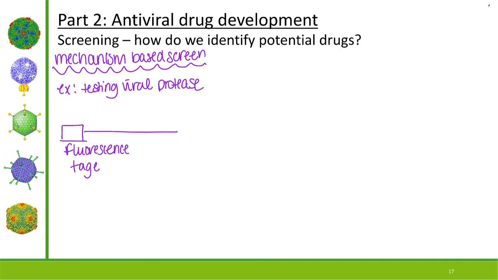So we're going to have some sort of a fluorescence tag, and this fluorescence tag is going to have a cleavage site that is attached to it. So this is going to be a short little peptide. So we've got a little protein, and that protein is going to have the cleavage site that the protease targets. And this is usually attached to a bead.